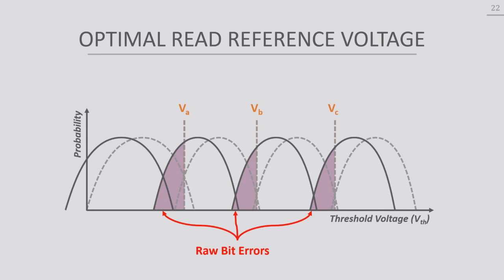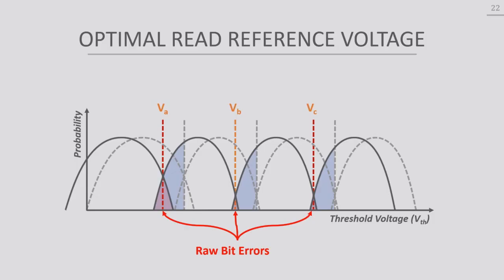There are many different types of noise in NAND flash memory that can cause the distribution to shift. For example, due to retention loss, the distribution can shift towards the left because of charge leakage. Then more of the distribution will overlap with the read reference voltage, and this will increase the raw bit errors.